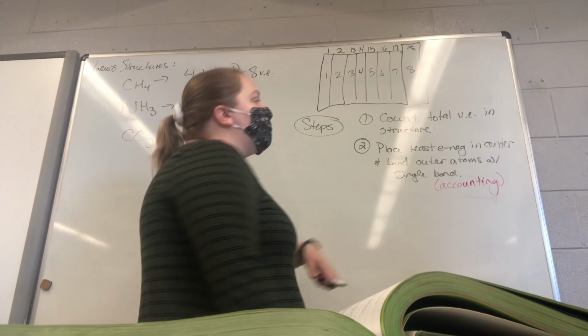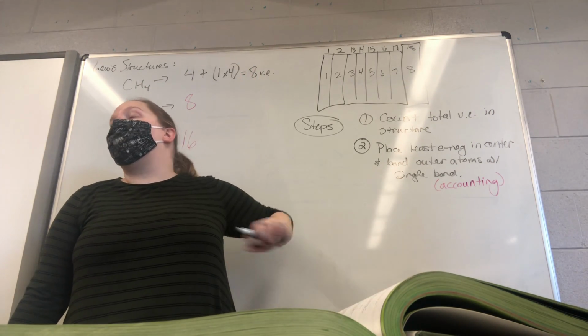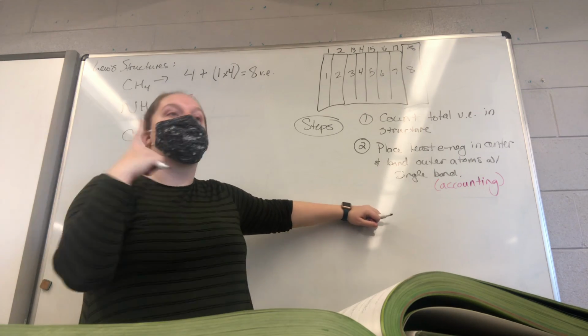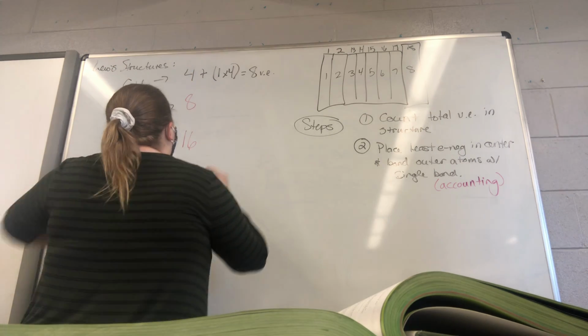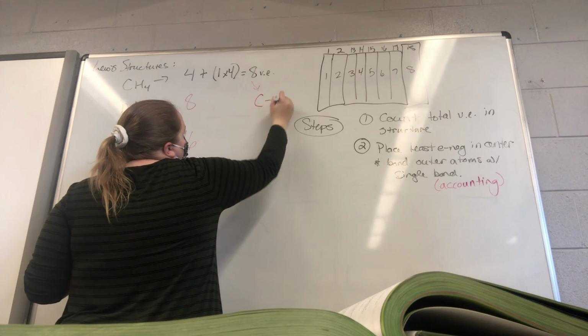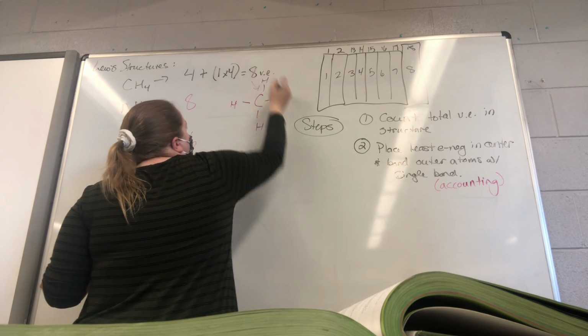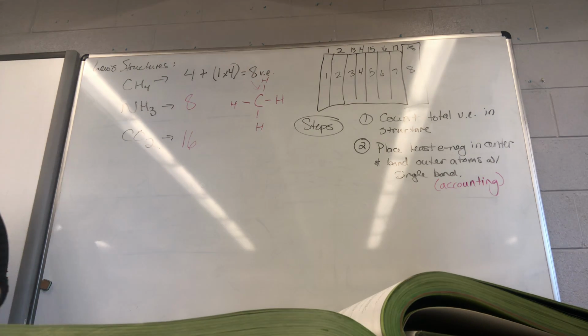Next up is to place the least electronegative atom in the center of your structure and bond everything else with a single bond first. So for CH4, it also says to do some accounting, right?